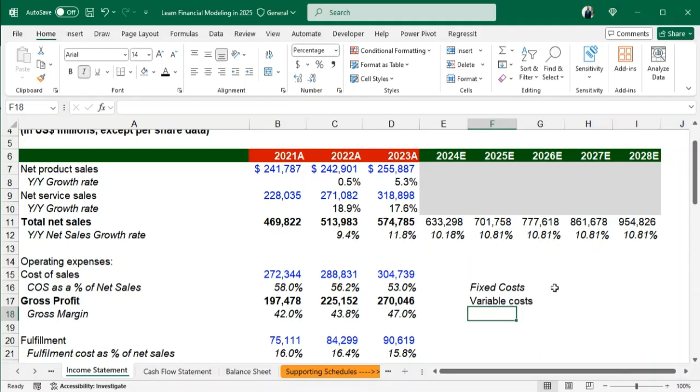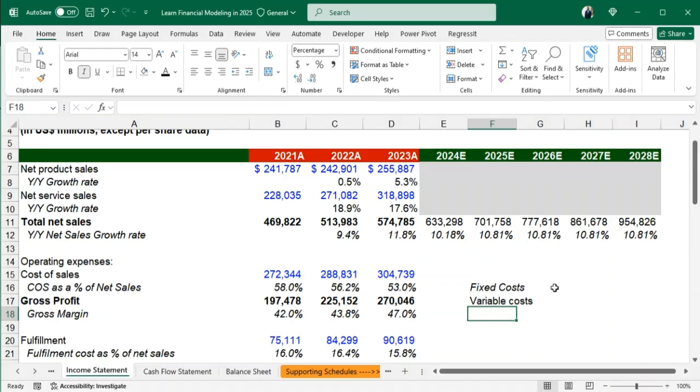For instance, rent. For the first 3 or 6 months, or even a year, your rent is going to be static. It is only going to change after a specified period of time. So that is what we mean by fixed costs. Rent is a typical example of a fixed cost.